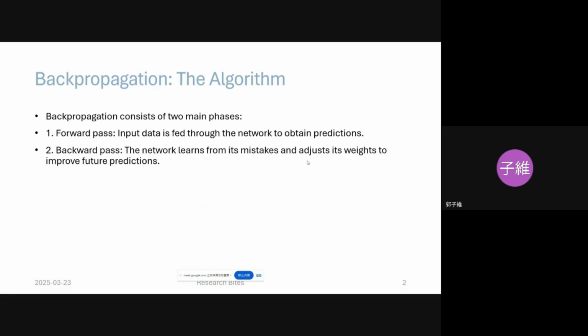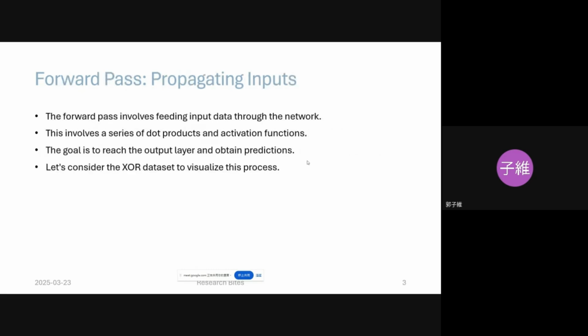So the algorithm, in the first stage, we need to do a forward pass. We feed the data through the network to obtain predictions, and we learn from its mistakes by differentiating the loss function with respect to the weights, biases, and such to minimize the error and improve future predictions.